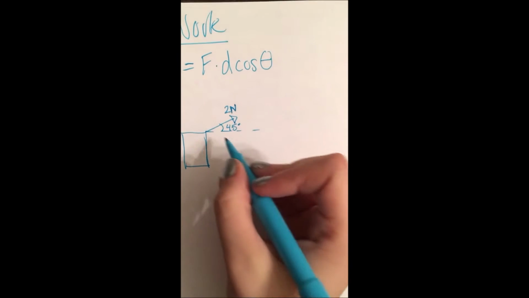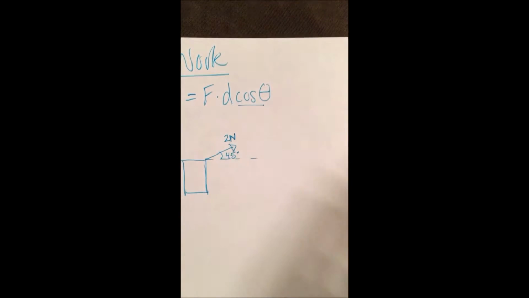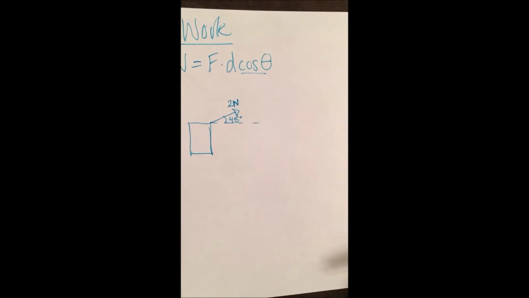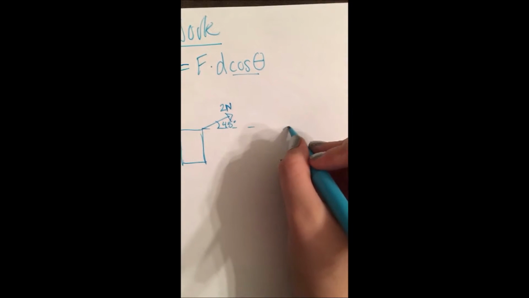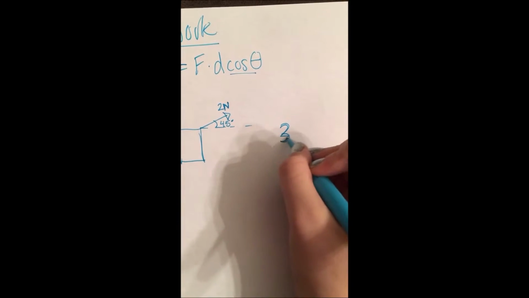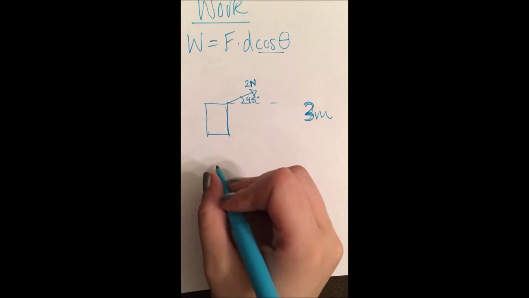We need to solve for the horizontal force, so this is why we use cosine. They want to move the box a distance of 3 meters. So we just need to plug in our values.